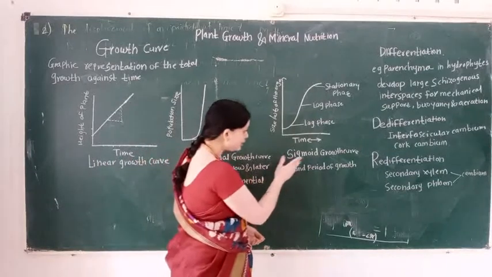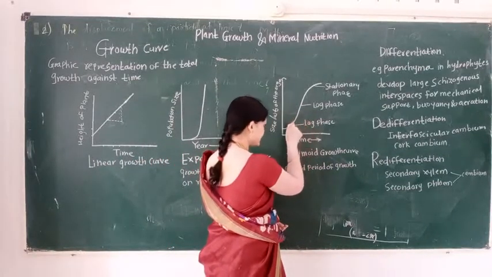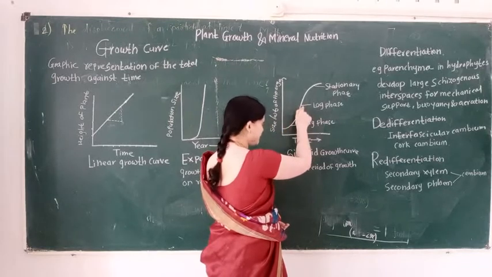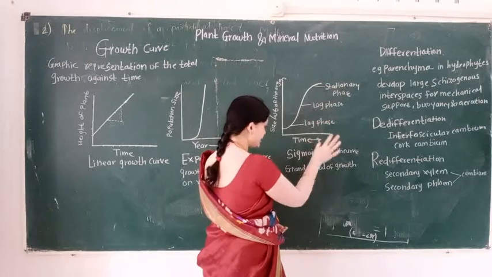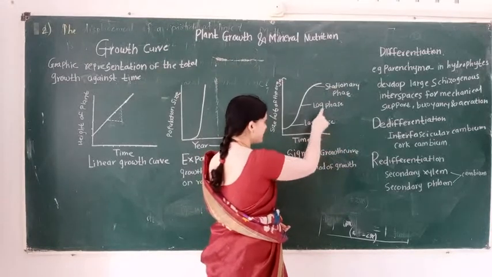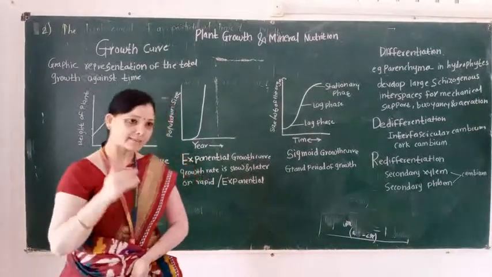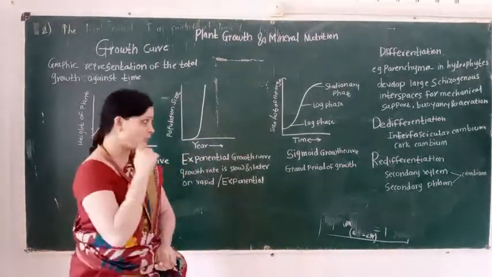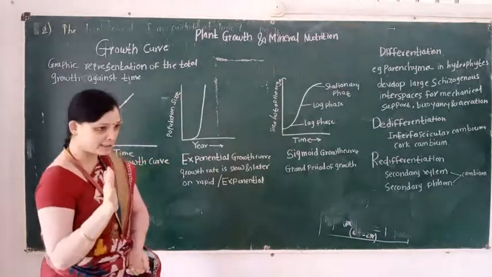And in sigmoid growth curve, in the initial stage, growth rate is very slow, then it increases rapidly, and then finally becomes steady. So in the sigmoid growth curve, three phases are seen: lag phase, log phase, and stationary phase.